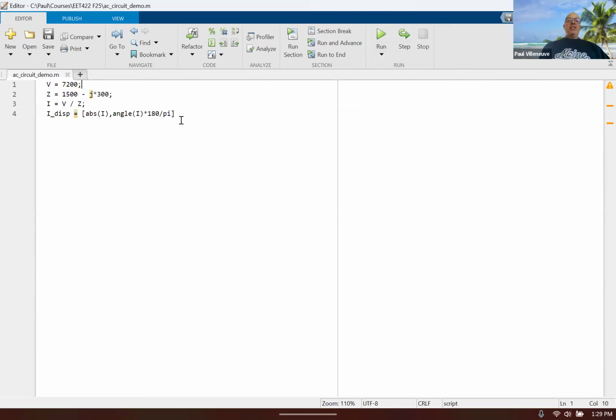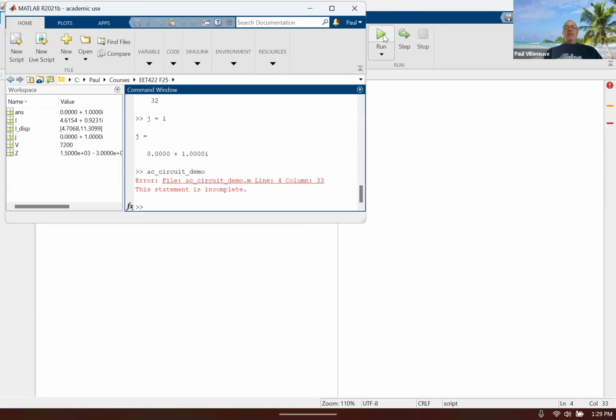Let's say I forgot to put a bracket here. Look what happened: MATLAB gave me a red line and shows me where it is. The debugging built into the MATLAB editor is telling me there's a problem there. If I try to run this, it gives me a beep and won't even be able to run it. It tells me there's a problem in line 4, column 33.